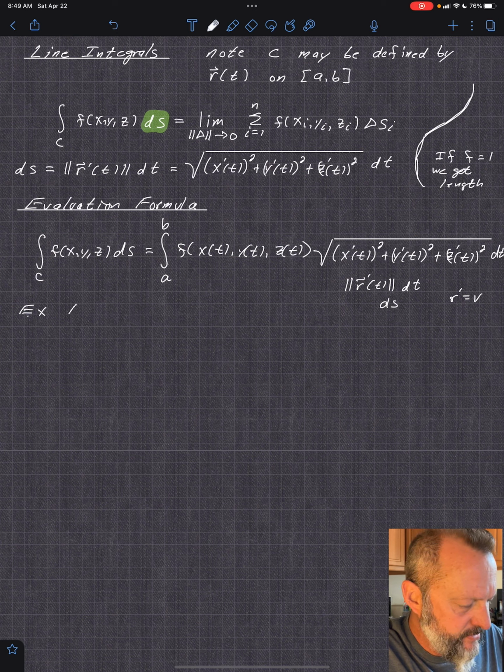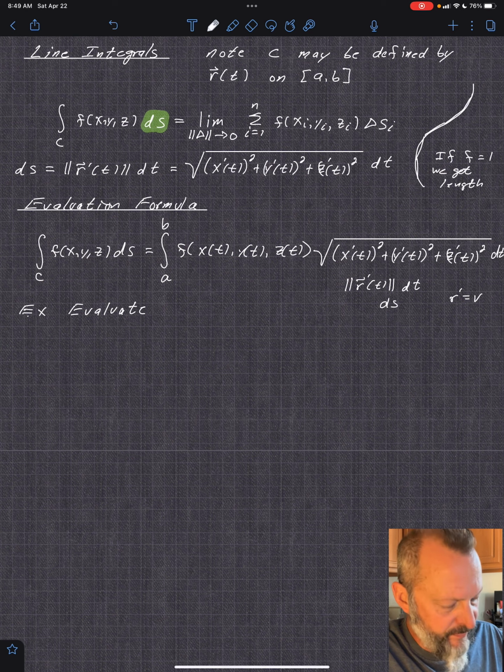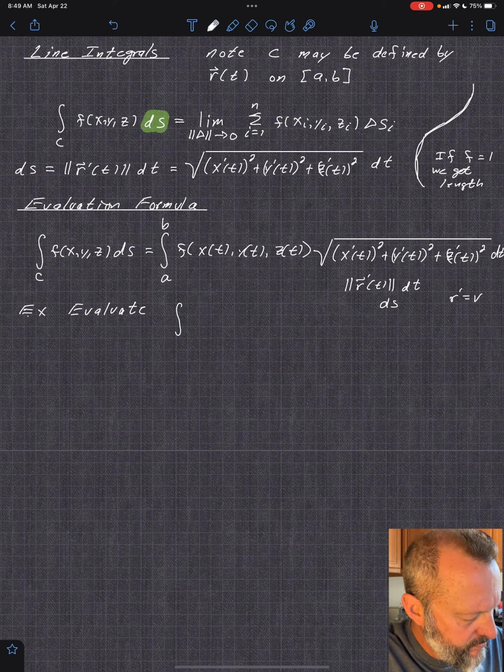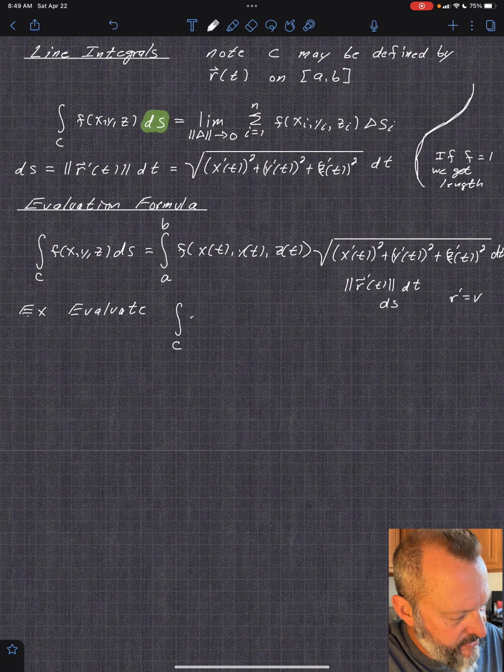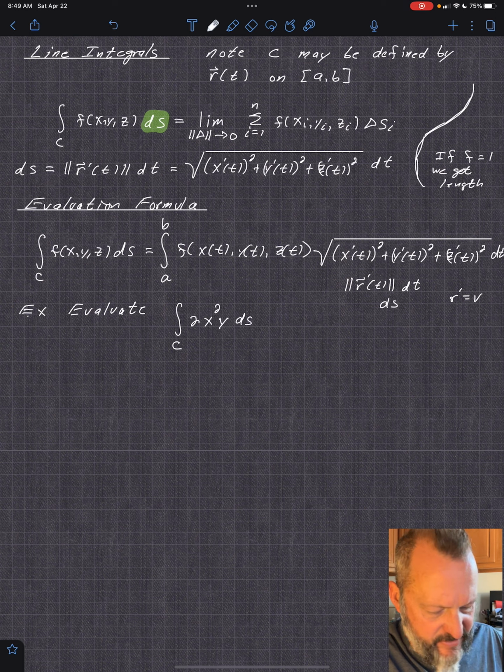So evaluate the integral over c of 2x squared y ds.